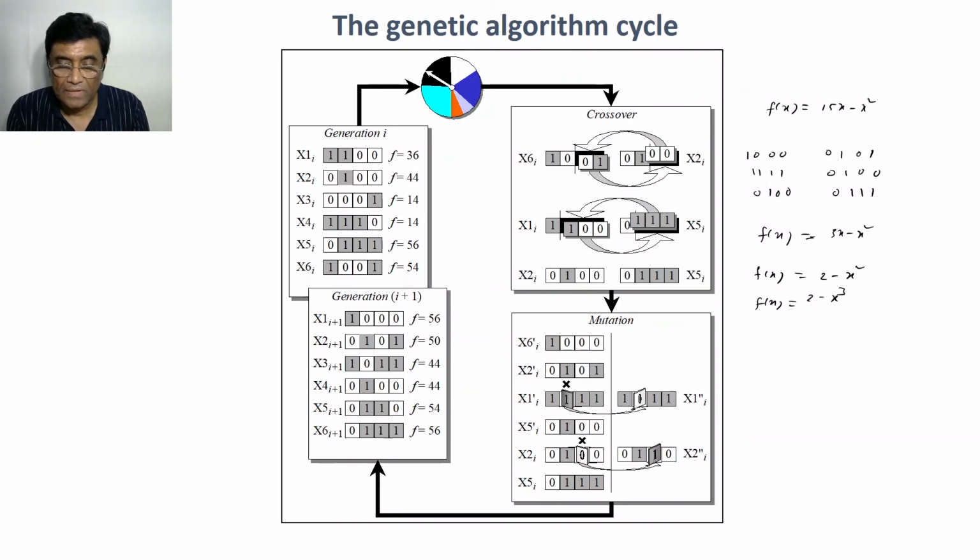The mutation operator technically helps my search to come out of the local optima, and a fresh cycle can start again. And this is pretty simple, isn't it? This is all about the genetic algorithm.